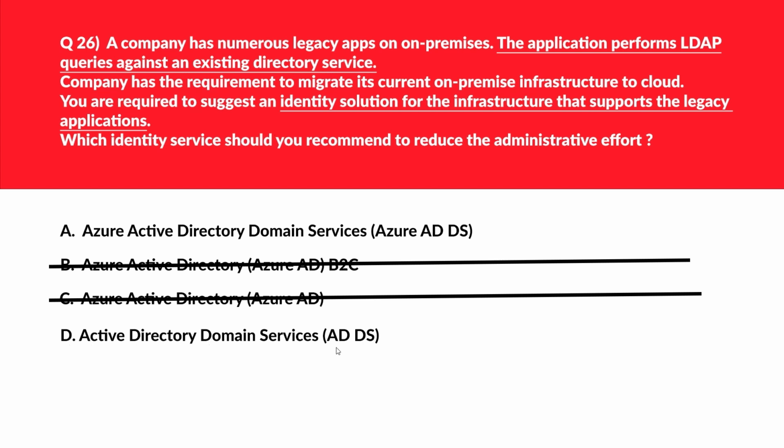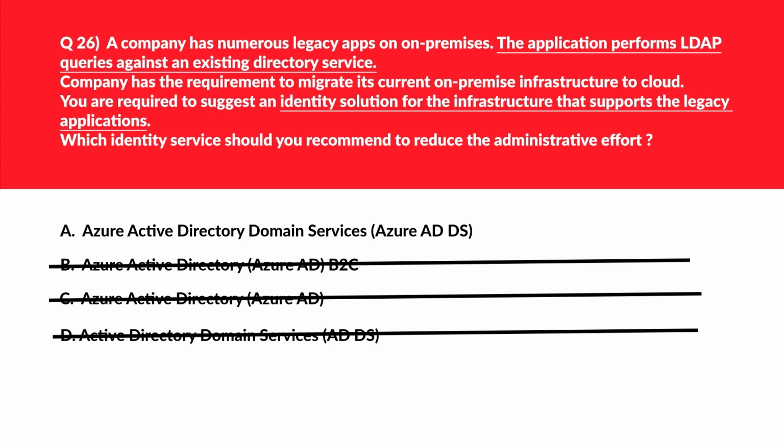D says Active Directory Domain Services, also known as ADDS. An Active Directory Domain Services instance would require maintaining additional infrastructure, which will require more administrative effort, which we definitely don't want as per the question, because the question is about reducing administrative effort. Also, if more admin effort is there, automatically it will be more cost intensive, while a managed service like Azure ADDS is more efficient. So this is again out.